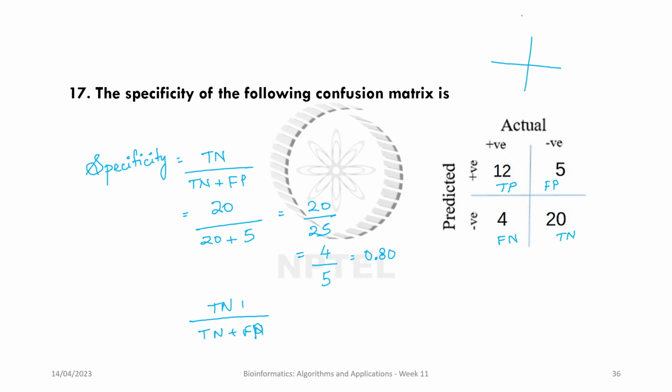Okay, so the layout is predicted here and experimental here, and then it was given TP, FN, FP, and TN. So this is what you followed and did the calculation, right?